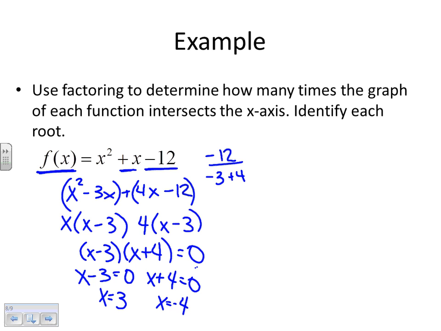So my solutions here, we've got 2. It says use factoring to determine how many times the graph of each function intersects the x-axis. Since I get 2 solutions, it intersects twice. And those solutions are 3 and negative 4. Okay?